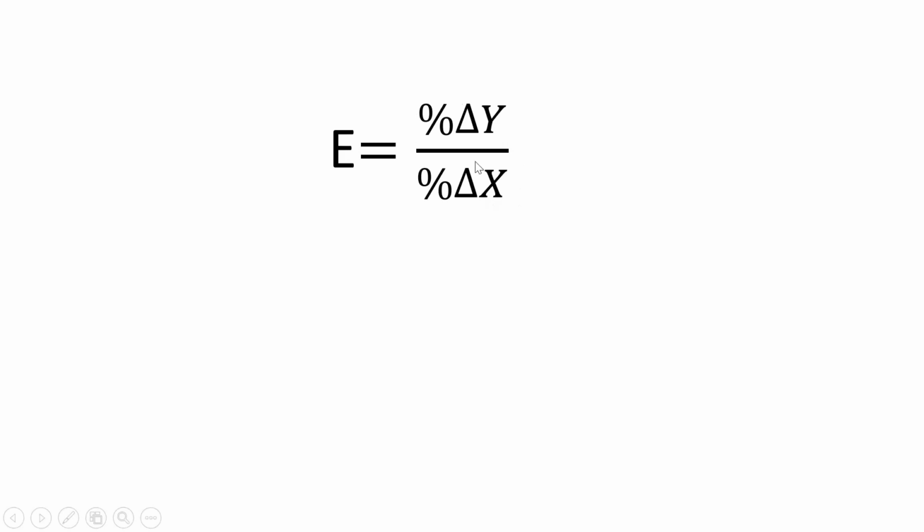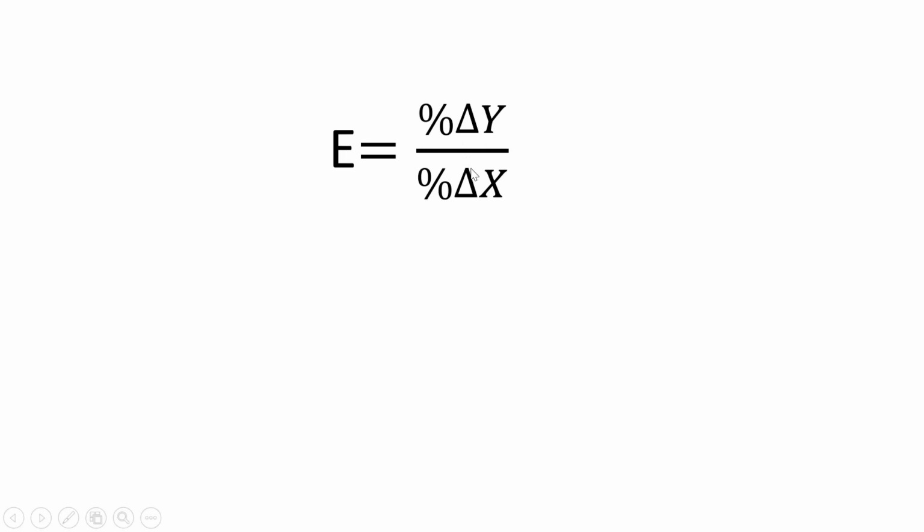So in mathematical terms, when we talk about elasticity, then we want to measure the ratio of the percentage change in y to the percentage change in x. This expression here gives us the first method to work elasticities. So there are specific instances that you have to work elasticities using this expression.